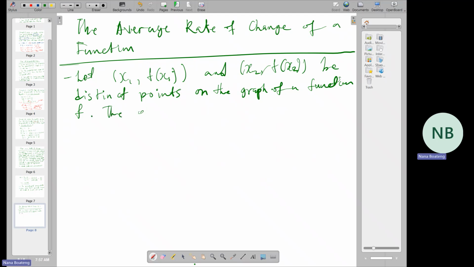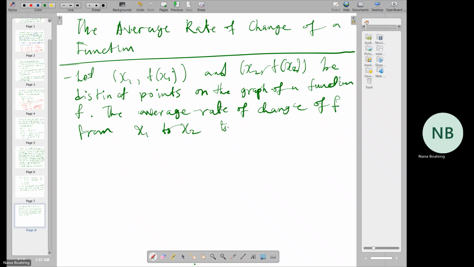the average rate of change of f from x1 to x2 is given by f of x2 minus f of x1 divided by x2 minus x1.